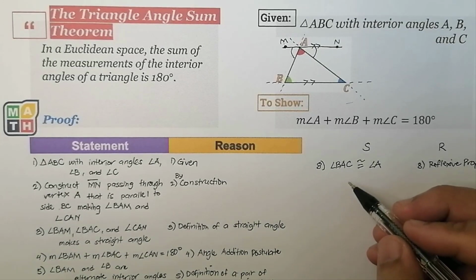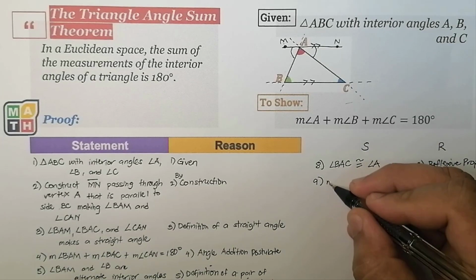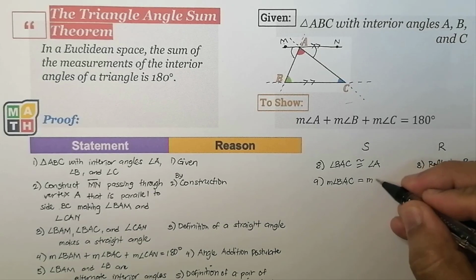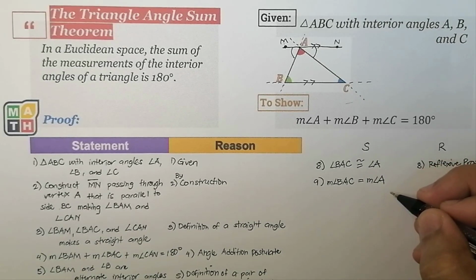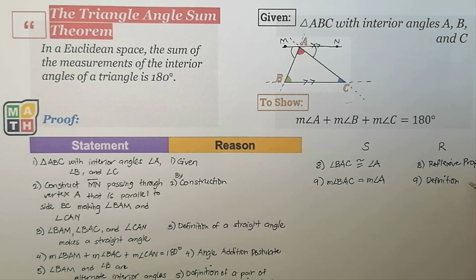Okay, since they are just the same. And number 9 could tell us that the measurement of angle BAC is just the same as the measurement of angle A, the original one. Please do not forget about this. And the reason for that is, again, definition of congruent angles.